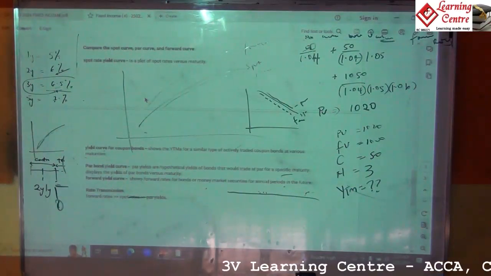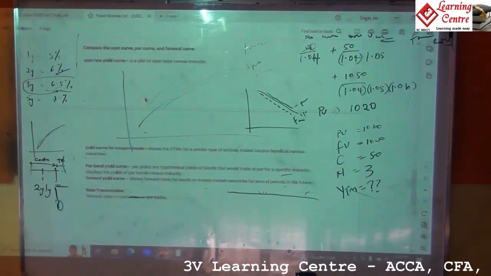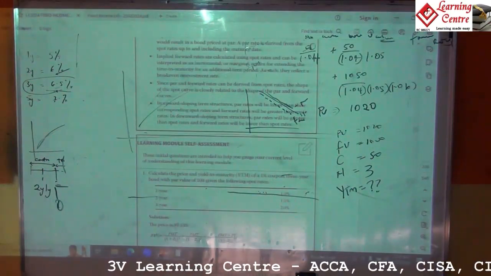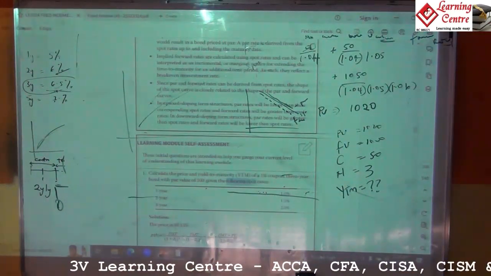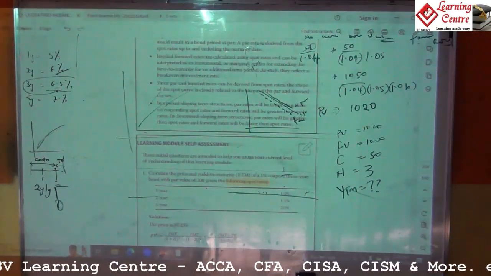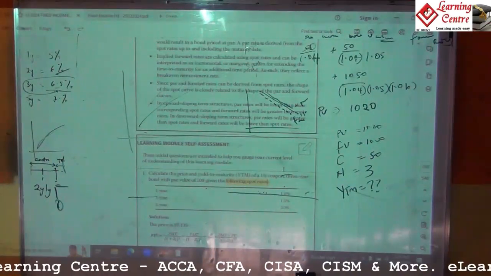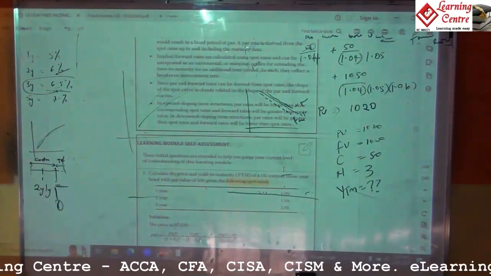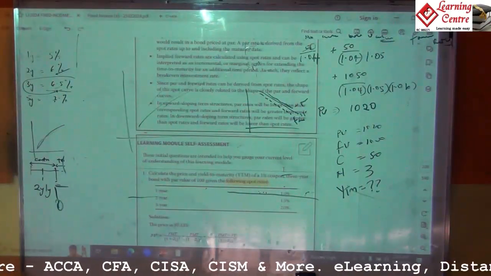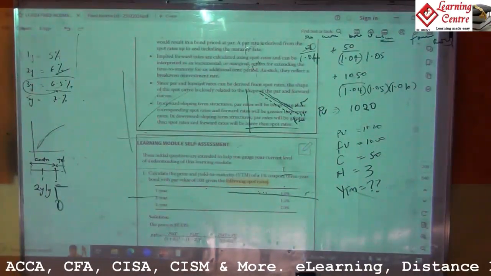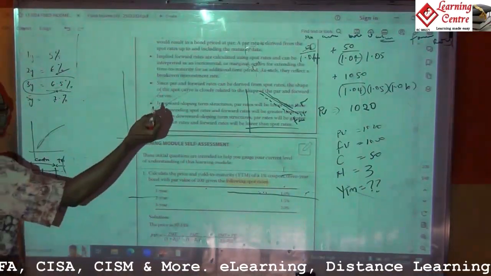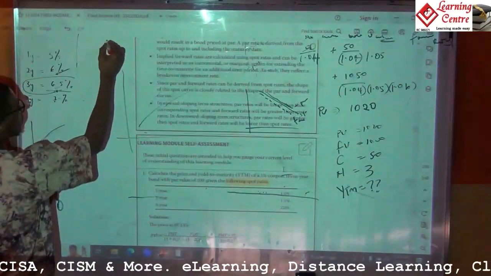This chapter is extremely important. Can you see this? I have a spot curve. The same way we calculate no arbitrage using the forward rate, I can do the same no arbitrage using the spot curve also.